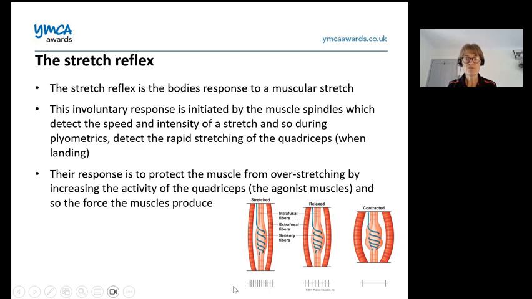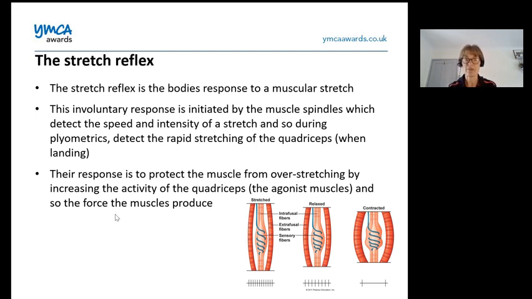So just to reinforce the stretch reflex, this is what happens at the muscle spindle. It's the body's response to muscular stretch. This is an involuntary response initiated by the muscle spindles, which are wound around our muscle fibers deep in our muscles. These detect the speed and intensity of any particular stretch.